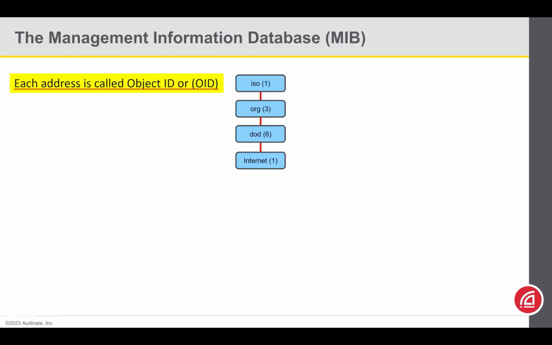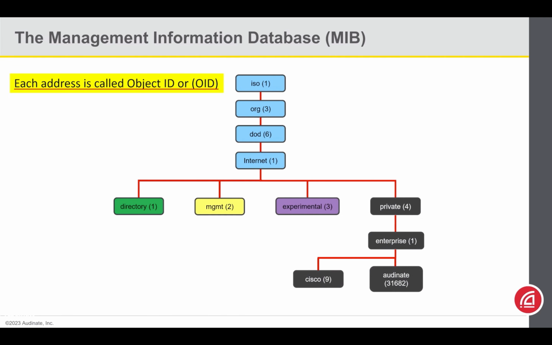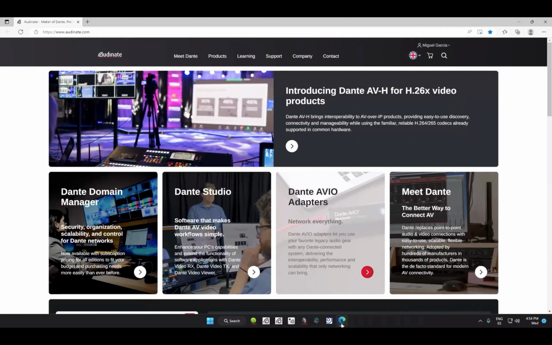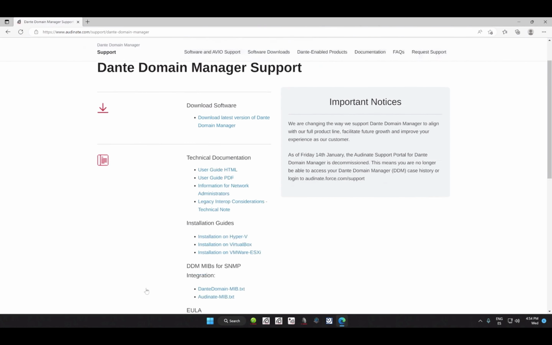The standard address for Internet resources in the addressing scheme is 1.3.6.1. And if you are a private company, 4. Enterprises companies are registered with 1. Audinate is registered with 31682.